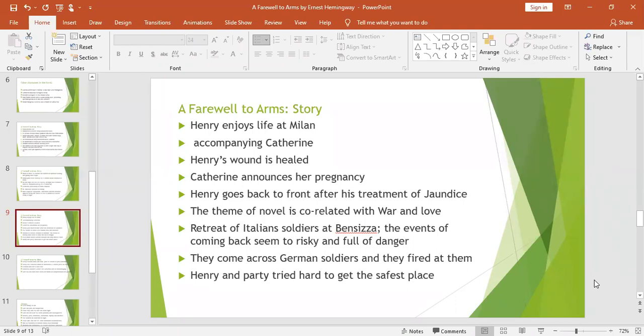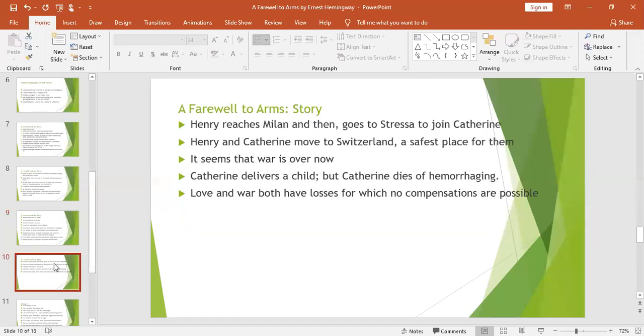It was very hard for Henry and his men to find the safest place, away from the danger of the war and the bombardment of German soldiers, but they have to go back because the Italian army fails over there, and then Austrian and Hungarian soldiers would come over there and they would kill each and every person.